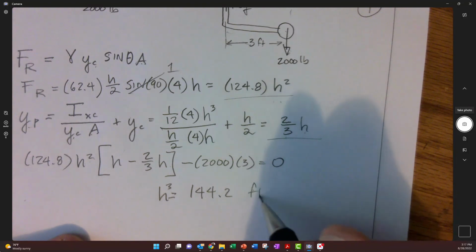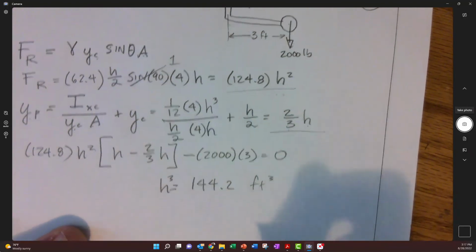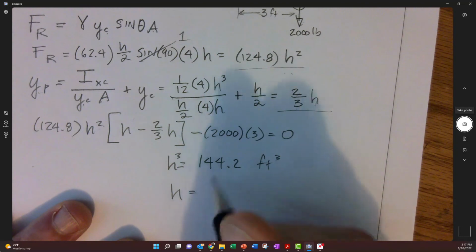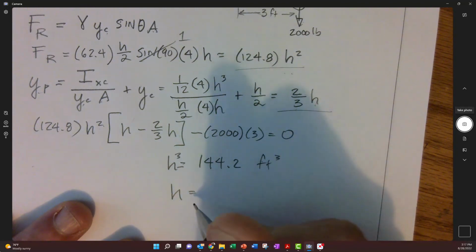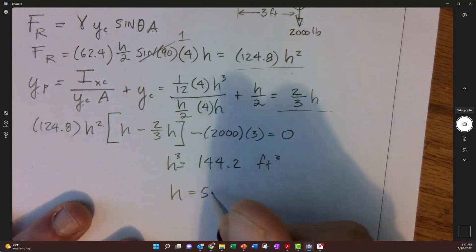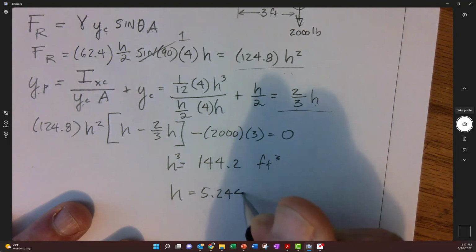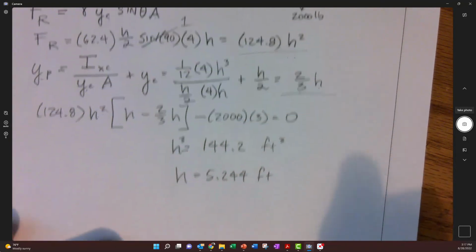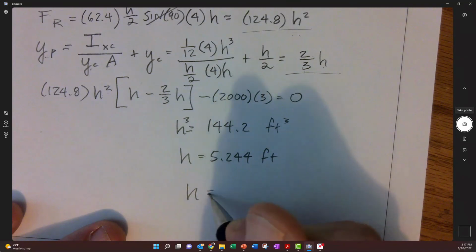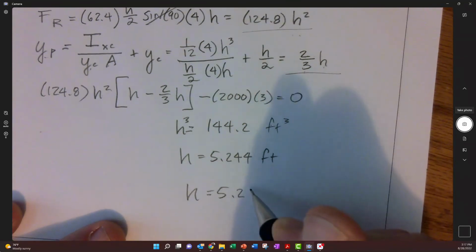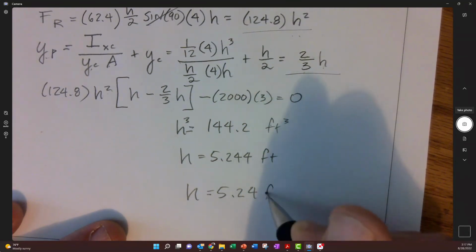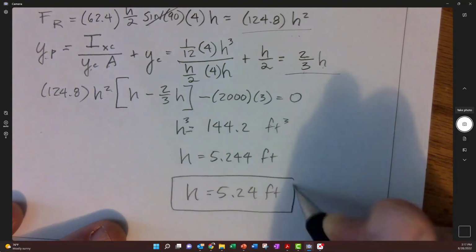And these are going to be cubic feet, by the way, if you were to work the units out. And so taking the cube root of this, we get 5.244 feet. And I would like you to rewrite the answers out, and let's just give it in 3 sig figs and say that we're done.